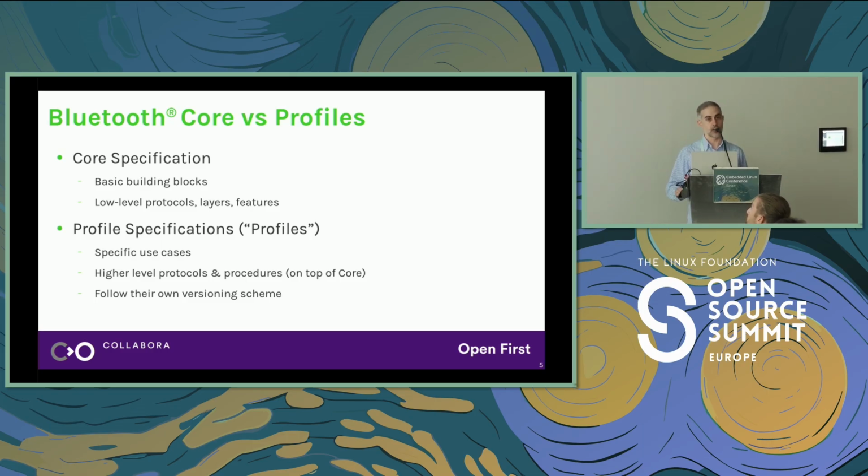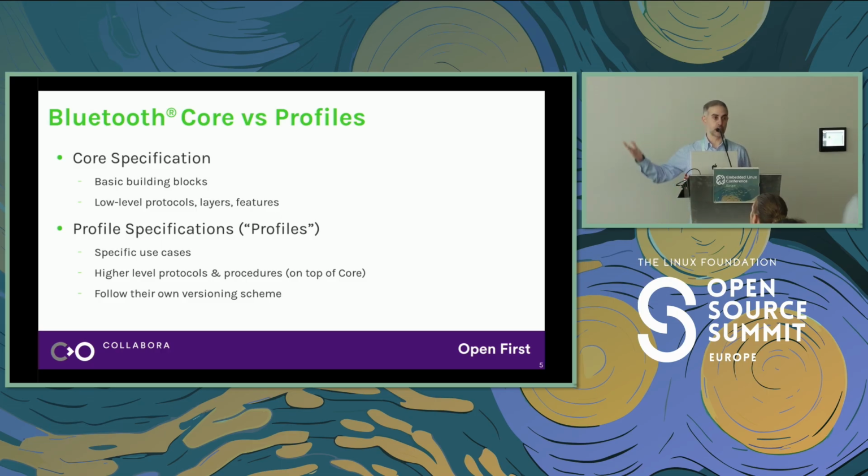There is the core specification, which defines the basic building blocks, like the radio parts and the basic abstractions to enable the communication between devices, the low layer protocols and features. And then we have the profile specifications, which define functionality that builds on top of the core.